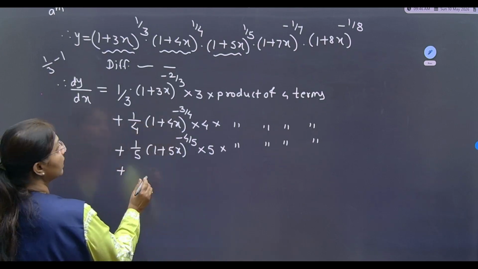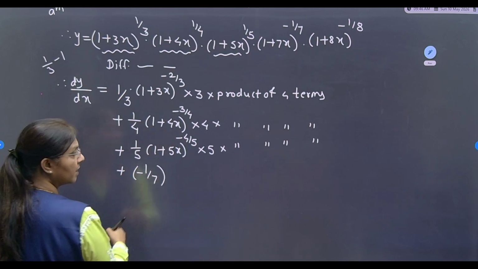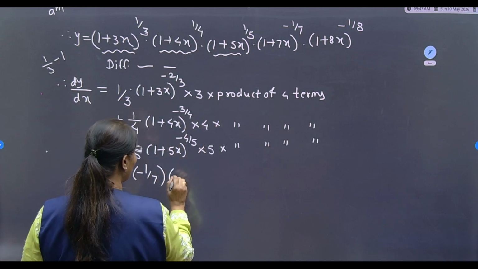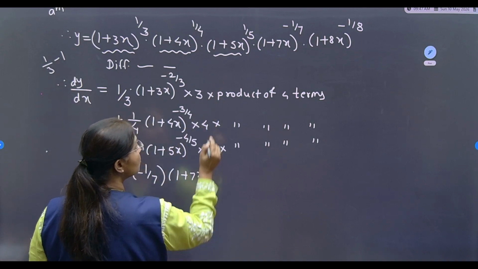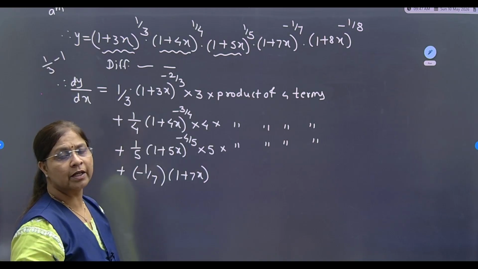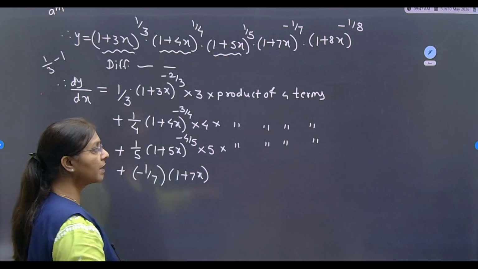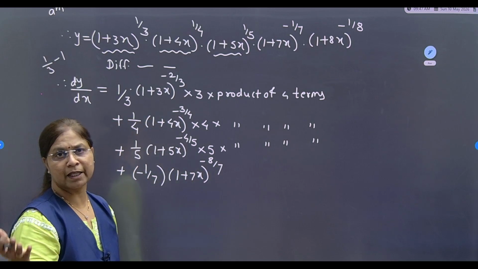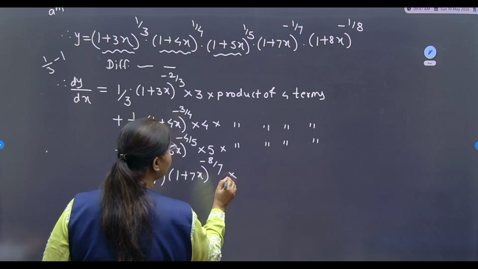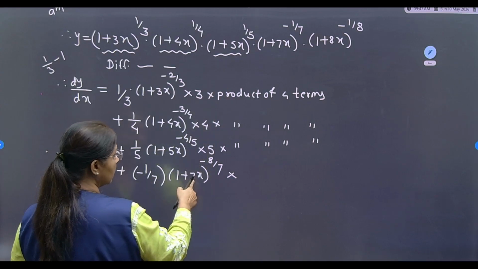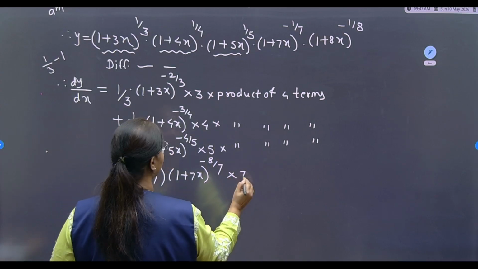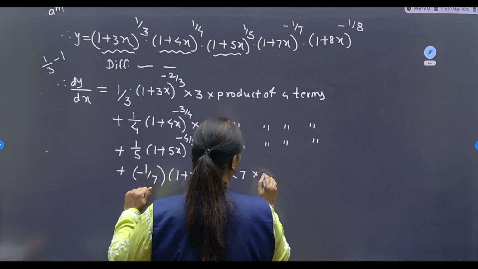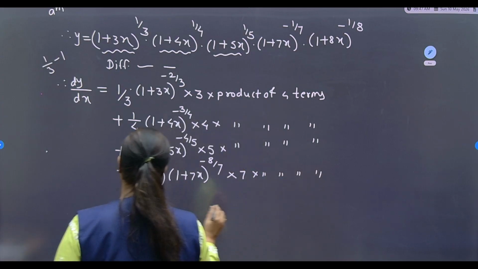Here the derivative has a minus sign: minus 1 upon 7 into 1 plus 7x raised to minus 1 by 7 minus 1, which is minus 1 minus 7, that is minus 8 by 7. Correct? Into the derivative of 1 plus 7x, which is 7, into the remaining 4 terms.